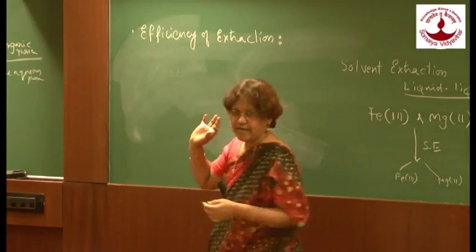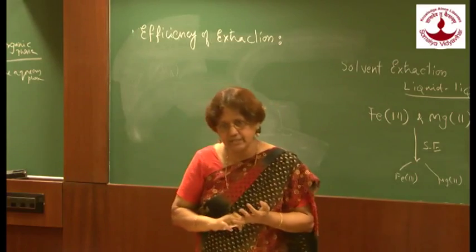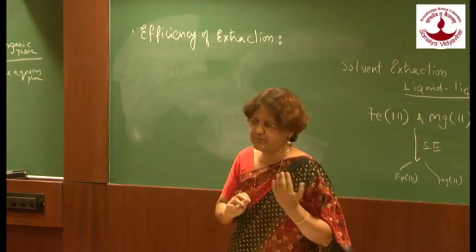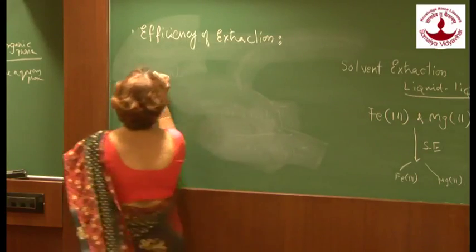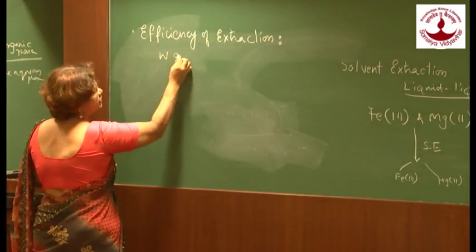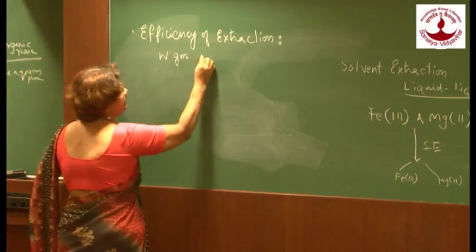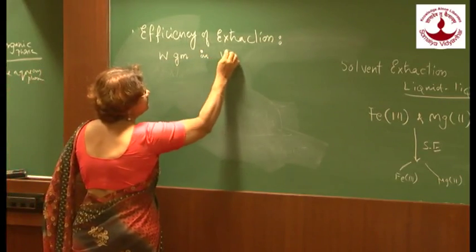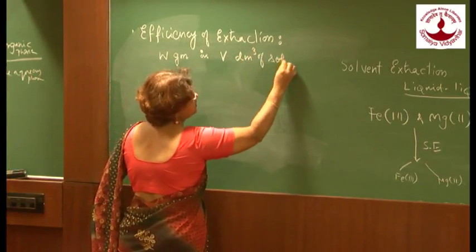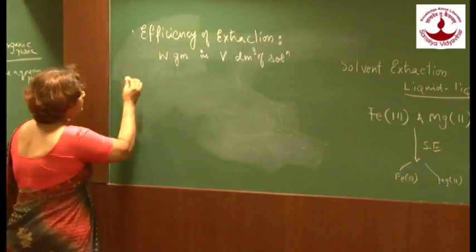Now, to prove this point that multiple extraction is more efficient compared to single extraction, we will consider a solute A whose weight is W gram initially. W gram of species A is present in, say, V dm³ of the solution. The volume of the solution in which it is present is V dm³.